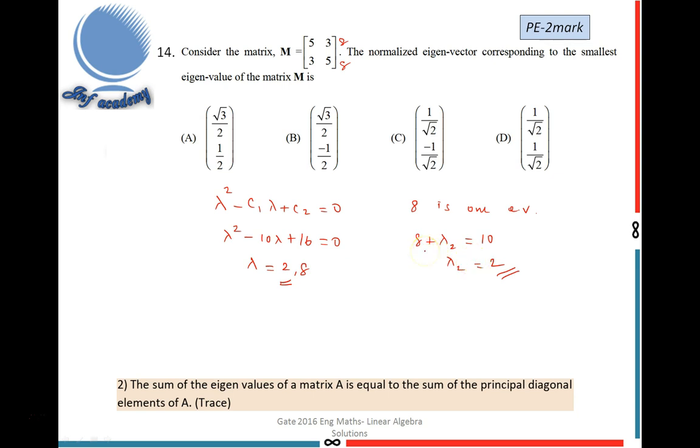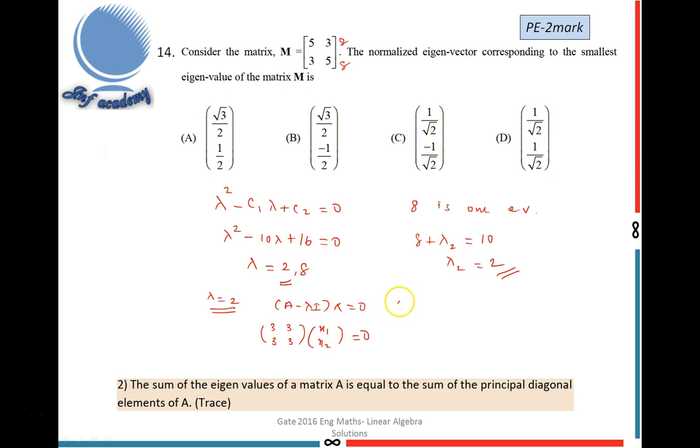Next I find the eigenvector corresponding to that smallest eigenvalue, lambda equal to 2. What is the eigenvector definition? A minus lambda I into x equals 0. Lambda is 2, so A minus 2I means subtract 2 from the principal diagonal elements only. 5 minus 2 is 3, the other elements stay the same, and 5 minus 2 is 3, times x1, x2 equals 0.